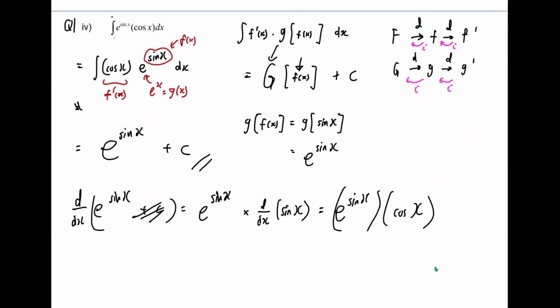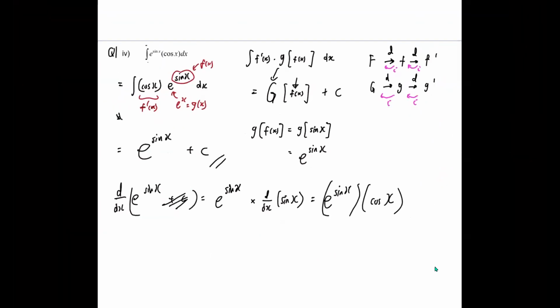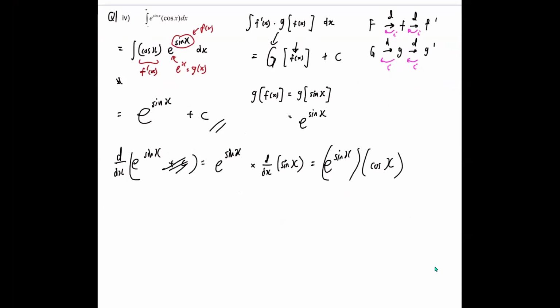Here's a new trick. More importantly, if you upgrade this g function to a power n. So this means we have the alternate, specific version, where we have f prime x multiplied by f x, where f prime x is the derivative of f x.